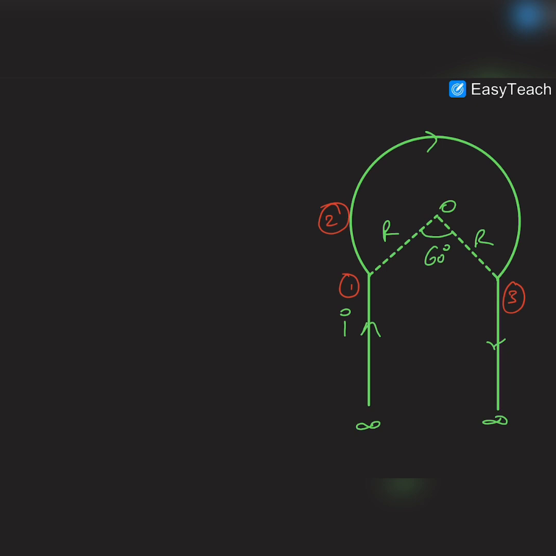And to find out the magnetic field of this straight wire, B1, let us extend this wire and draw a normal. So this is 30 and this is 60, and this is R, so it would be R cos 60. This is R by 2. So this is again the case in which the point is on the same side of the perpendicular.